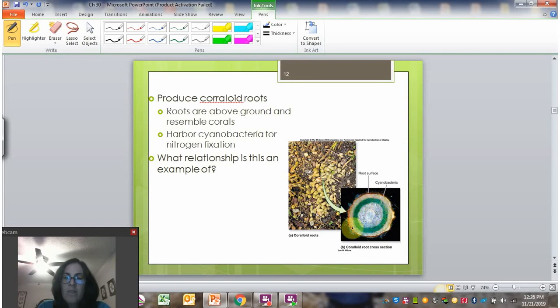And so the cyanobacteria living in the roots help feed nitrogen to the cycad. This is a mutualism. That means it's a beneficial partnership between 2 organisms. The cyanobacteria are getting protection by living in the roots of these plants, and the cycad is getting nitrogen fed to it by the bacteria.